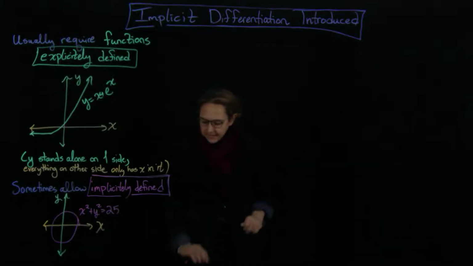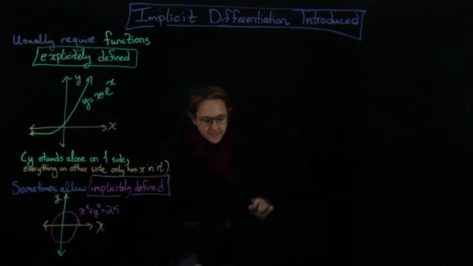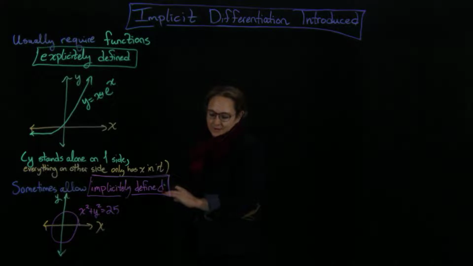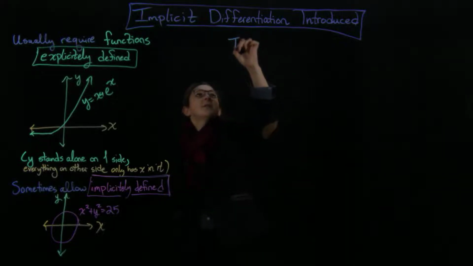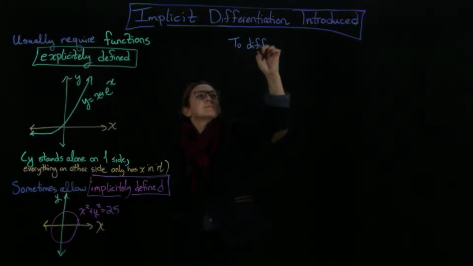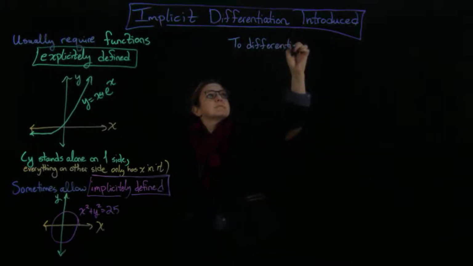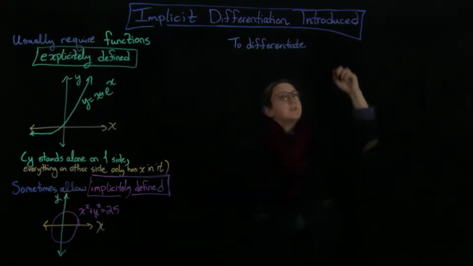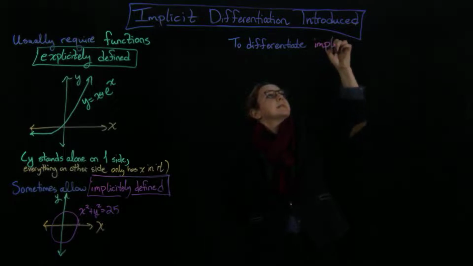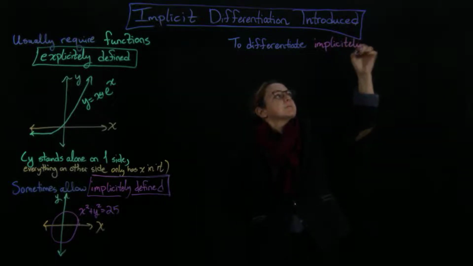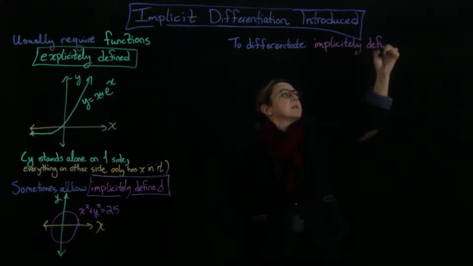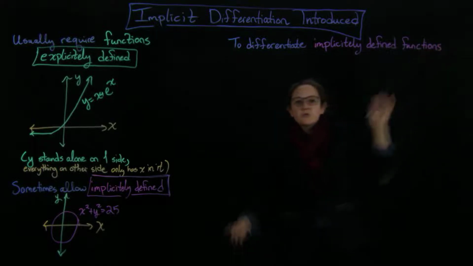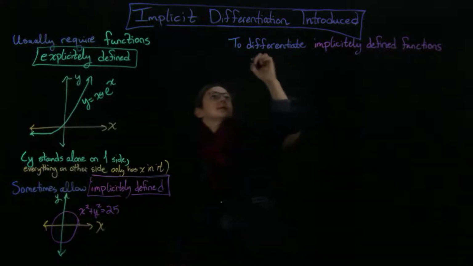So now we need to be very careful in how we actually differentiate something like that. So to differentiate implicitly defined functions, we're going to use this new method, which is called implicit differentiation.